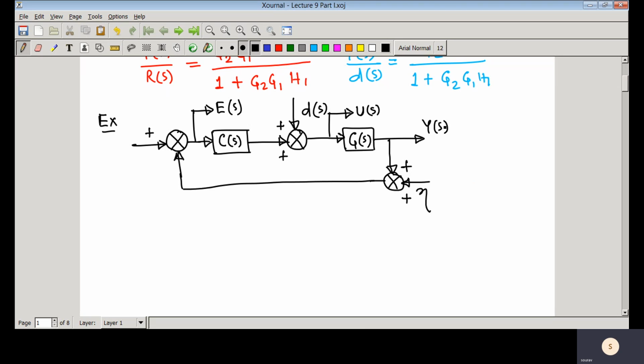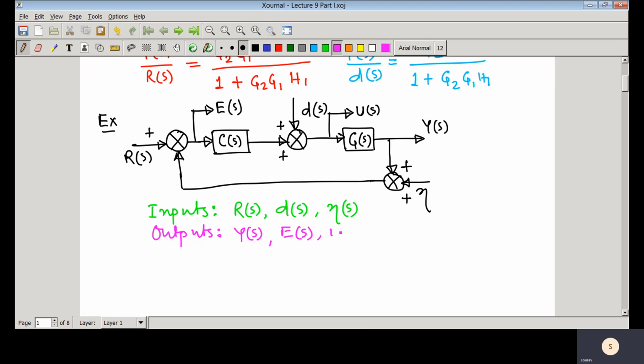So in this particular example, you have that reference command. So inputs are R(s), then D(s) and eta(s), and outputs are Y(s), E(s) and U(s).